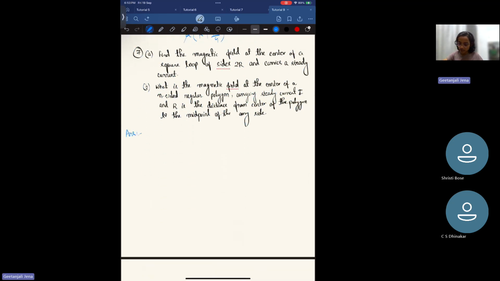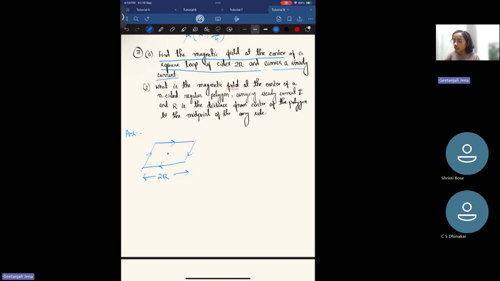Next problem is also easy. It's based on a long wire. So first question is to find out what is the magnetic field at the center of a square loop of side 2R, which carries a steady current I. So this is easy. It's a square loop and it's given it is 2R and there is a current that is flowing and you need to find out the field at the center.